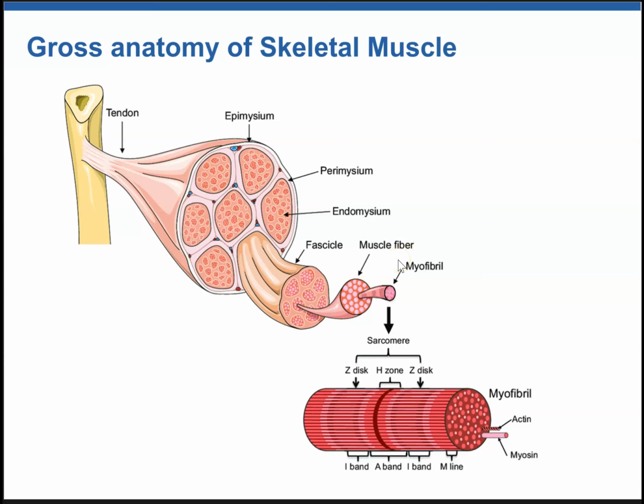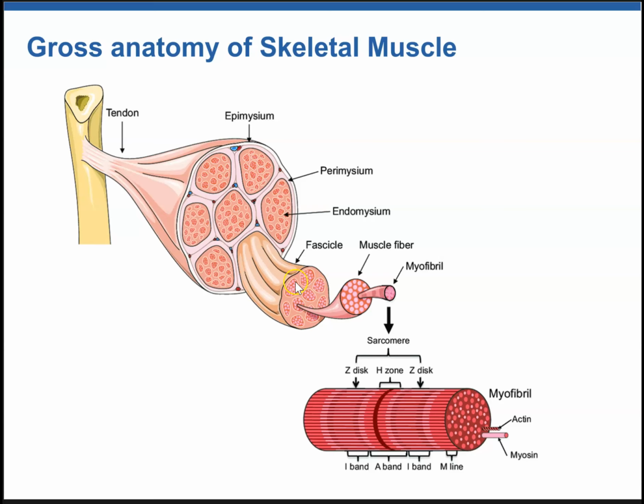So a muscle fiber is simply a muscle cell. Each muscle cell is wrapped in a connective tissue known as the endomysium. So all the space around the muscle fiber is the endomysium. So that's the innermost layer of connective tissue wrapping the muscle fiber.